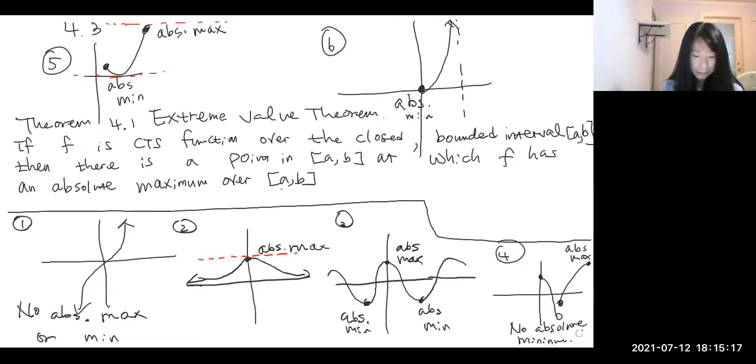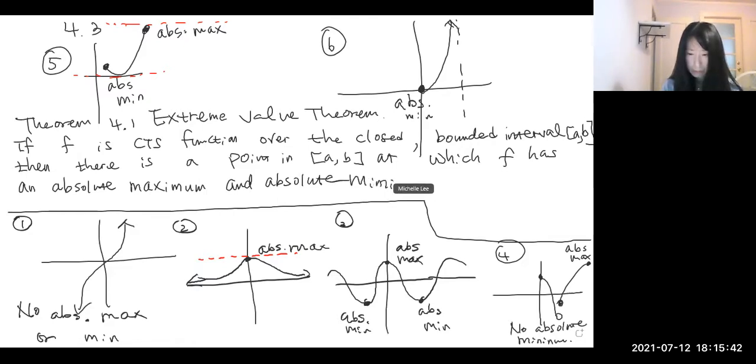Let me make it shorter: absolute maximum and absolute minimum over the closed interval a and b, right?